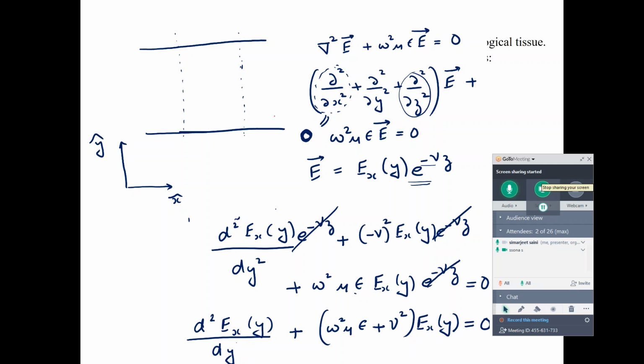I know that the electric field E_x at this place has to be 0, and the electric field E_x at this place has to be 0. When I go to this bottom boundary, the electric field at these two places has to be 0. This is my conducting boundary condition. So it helps me to put my x-axis right on one of the conductors.